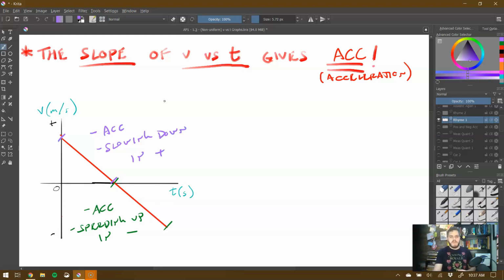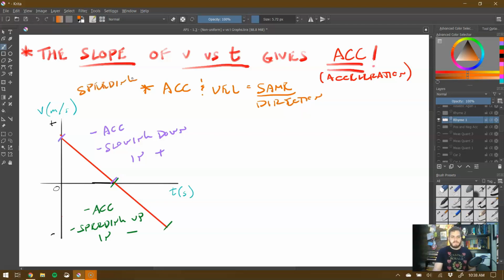So what is this really telling us? We can break this down into two pretty key relationships. If the acceleration and the velocity are in the same direction, that means we are speeding up.